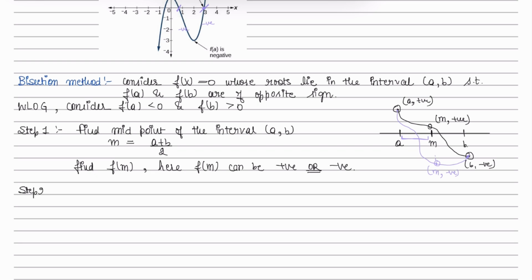Step number 2 says, firstly, if f of m is equal to 0, then m is the required root.